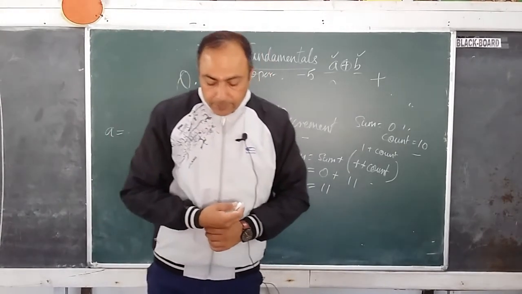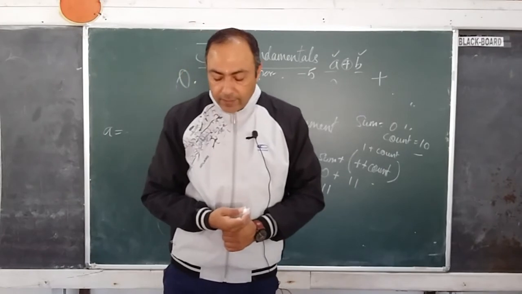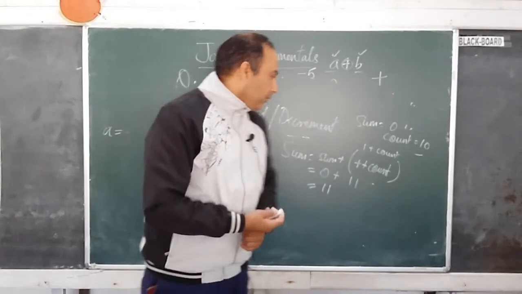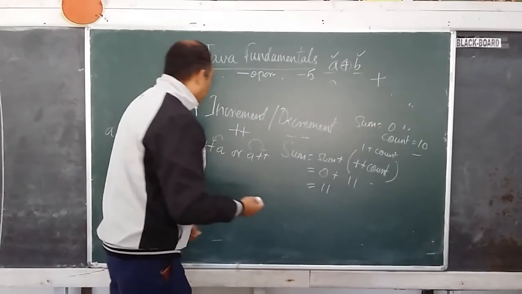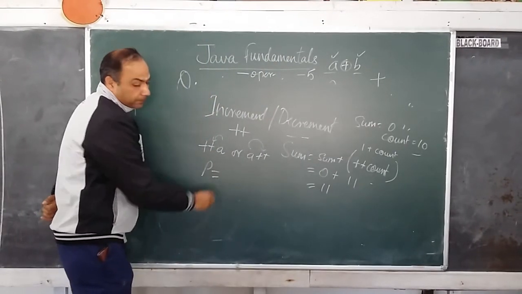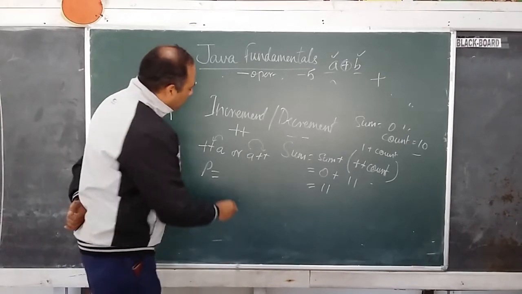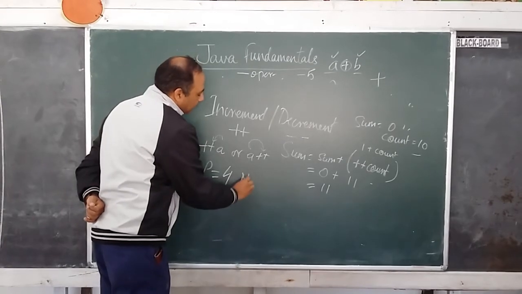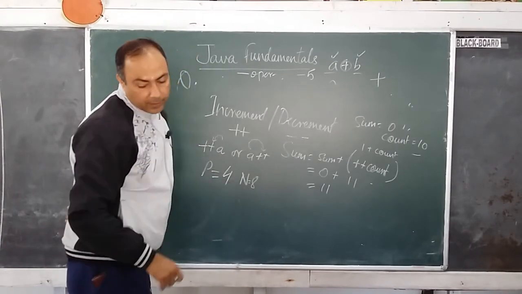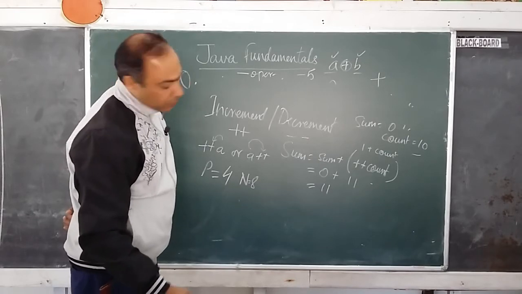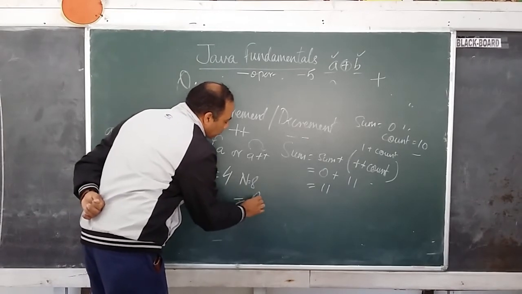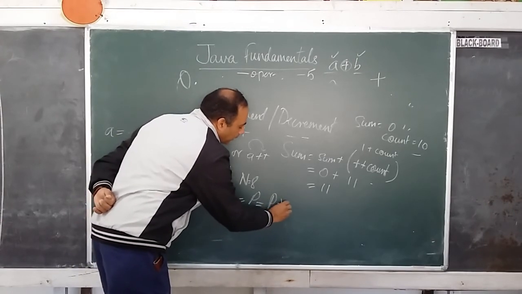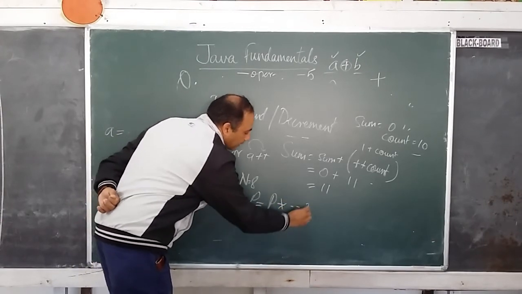Now the next expression takes place in the following fashion, assuming that the initial values of p and n are 4 and 8. So suppose p equals 4 and n equals 8, and the expression is p = p * --n.